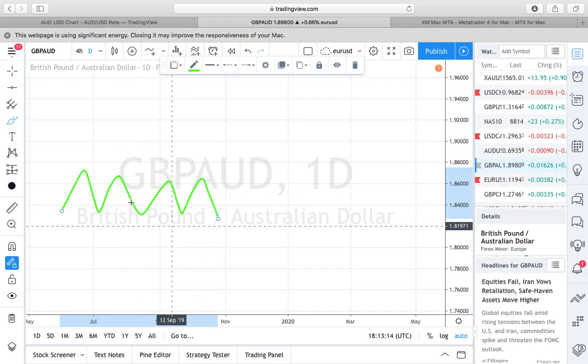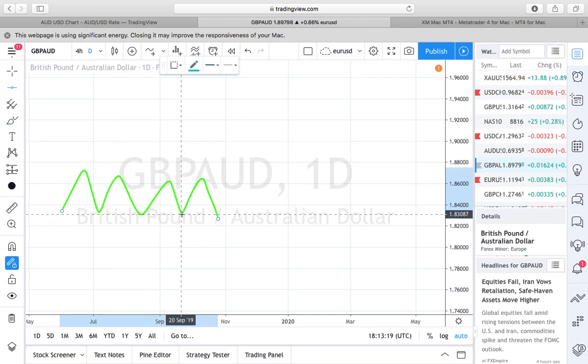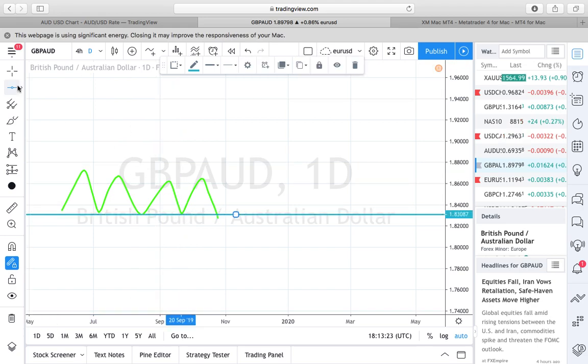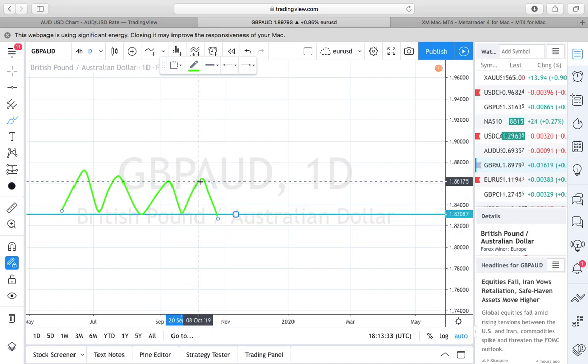So now if the market, okay, let's just label it. Let's just draw a line to make sure that you see what exactly we're talking about. So this becomes your previous low, right? And that also becomes your previous high.